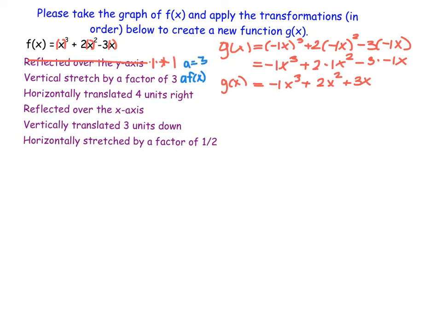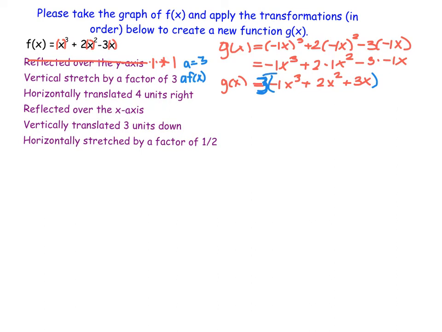So if I'm multiplying on the outside, I'm going to take the entire function surrounded by parentheses and multiply it by 3, my a value, on the outside. Essentially, I'm taking every single component of this function and stretching it to be 3 times its height, making it 3 times as tall.